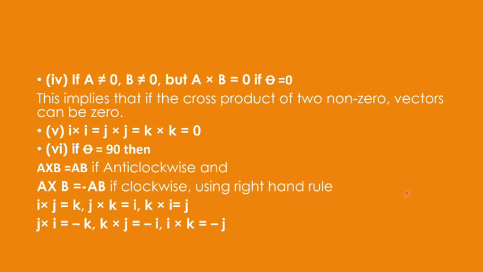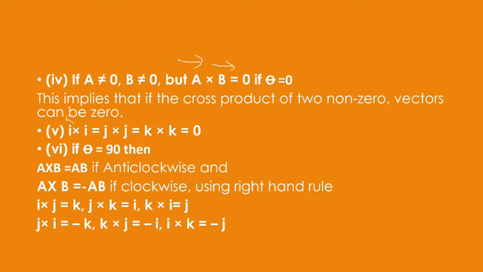Now, if I am saying that A cross B is 0 only if theta is 0, that is the same repetition, but now I am not multiplying with the same vector, I am talking about two different vectors. Then I have A vector cross B vector. The product will be 0, of course, if theta is 0.